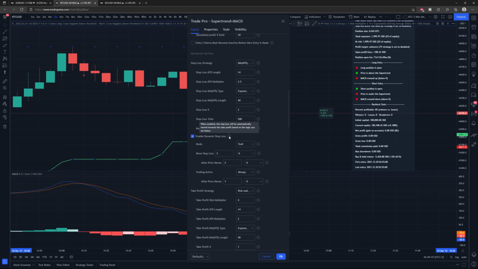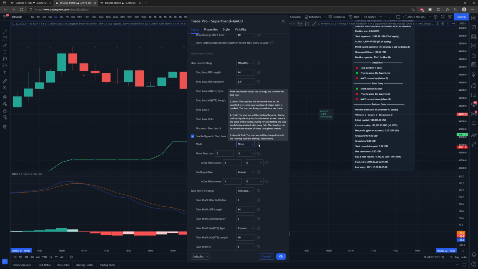And if we read this, when enabled, the stop loss will be automatically moved towards the take profit based on the logic you set below. So right in this area here, you can set it based on a few different factors, such as the ability to move, which it says right here, the stop loss will be moved once to the specified level when your configured trigger price is reached. The stop loss is only moved once per trade.